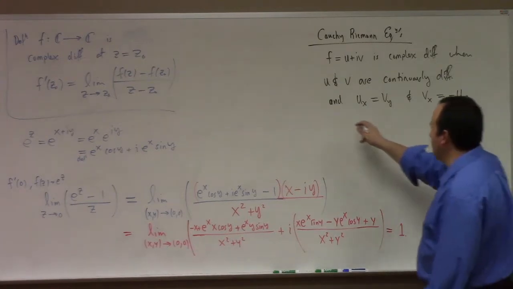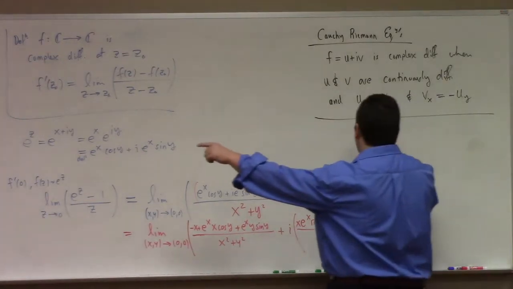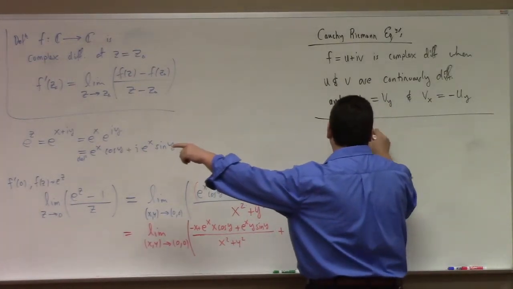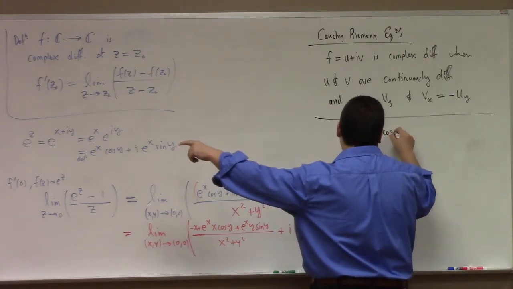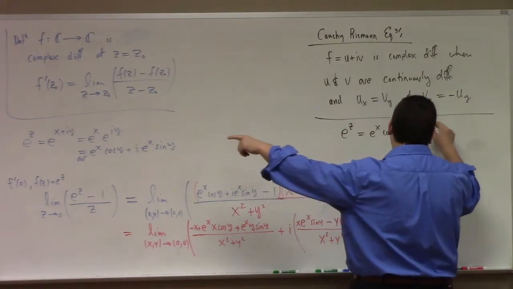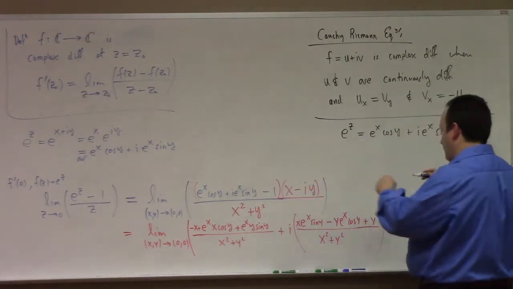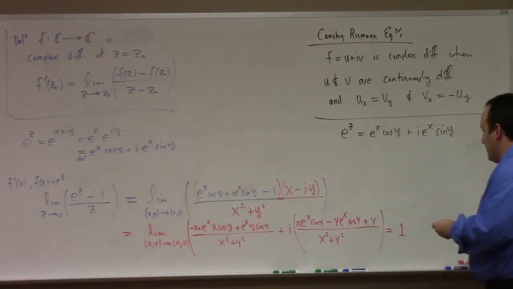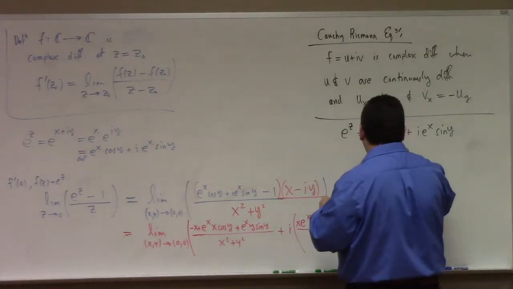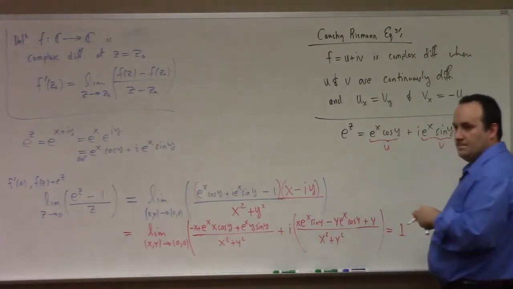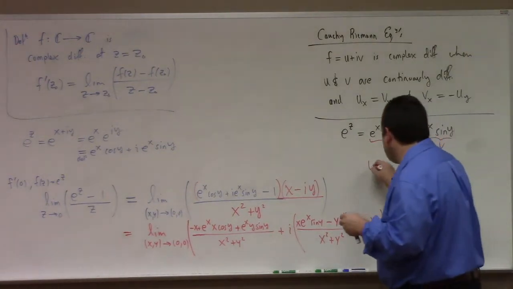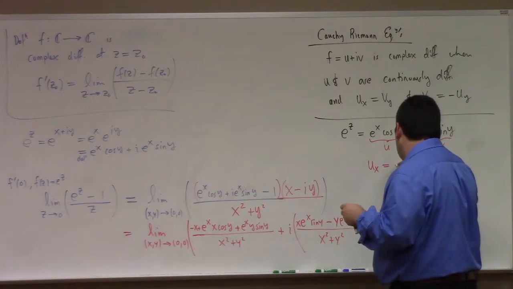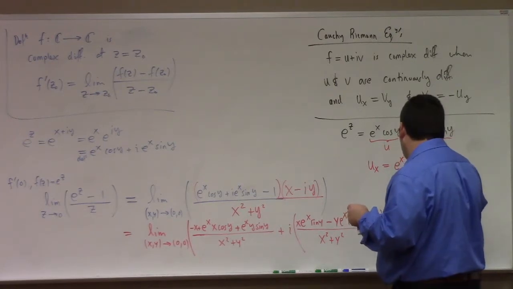So, for example, for e to the z, we had e to the x cosine y plus i e to the x sine y. So for this function, you can see that the u is this, and that the v is that. So u_x is e to the x cosine y, right?